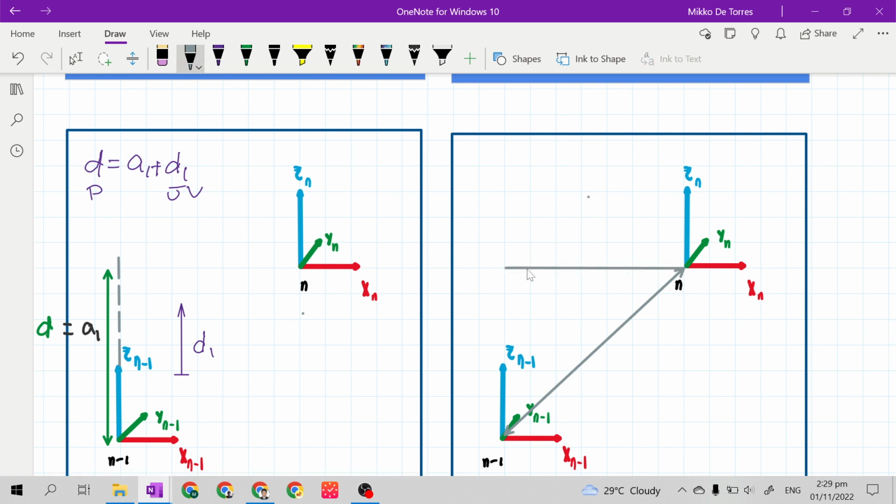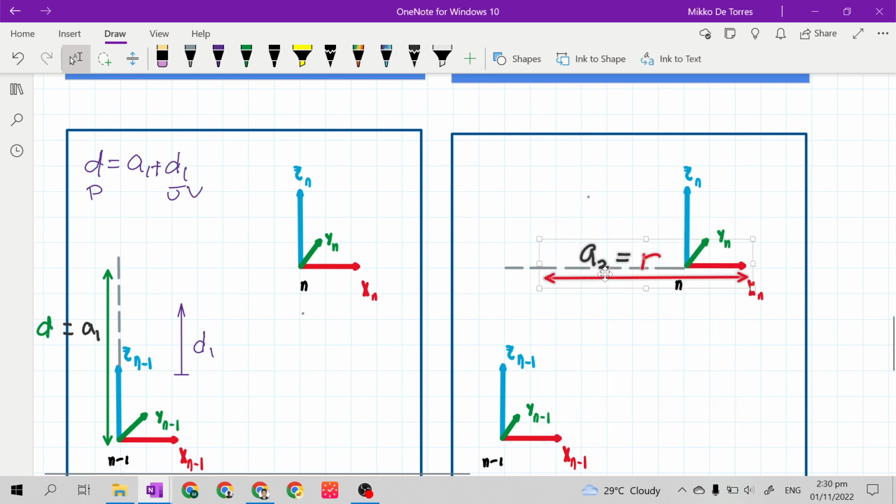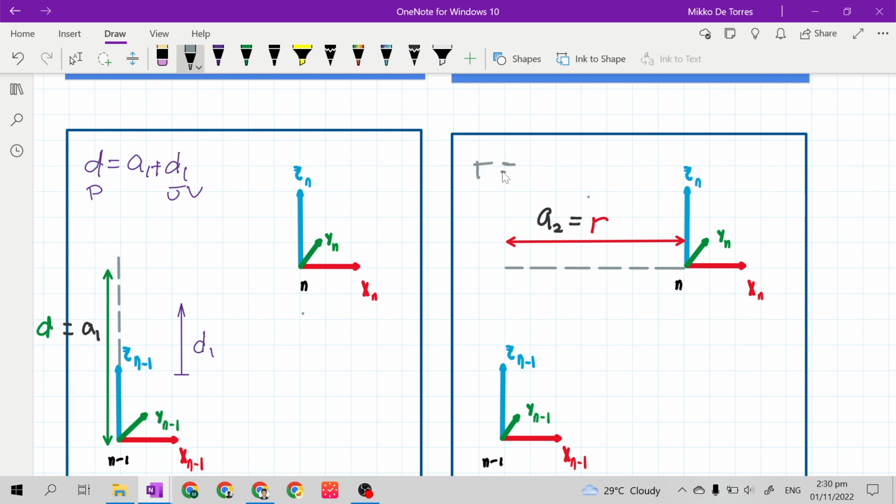So again, it is not the hypotenuse. Don't be confused. So along the x sub n direction, or along the x sub n axis, if there is a link length, for example link length A2, the link length A2 will be R. So R is equal to A2.